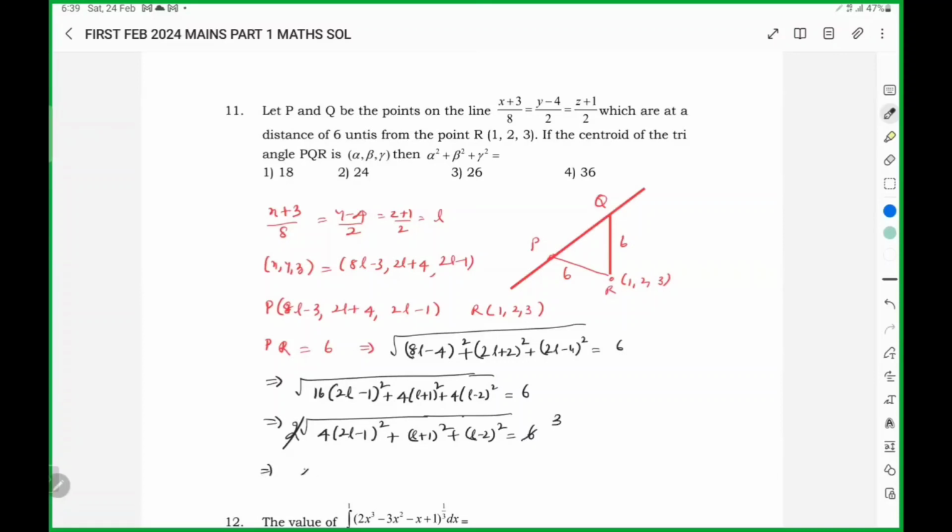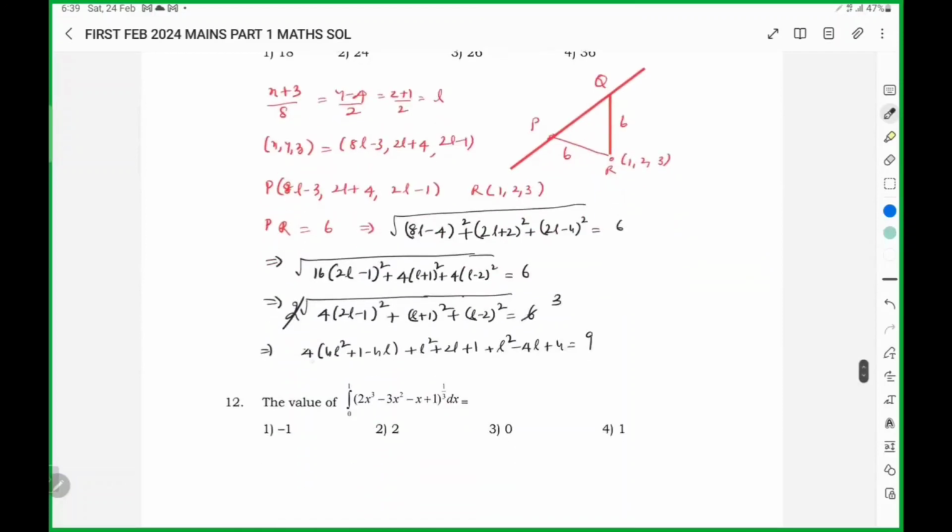So squaring, L square plus 2L plus 1. 16, 17, here 18L square minus 16L minus 20L minus 18L, 4 plus 1, 5 plus 4, it becomes 0. L here is 0 comma 1.